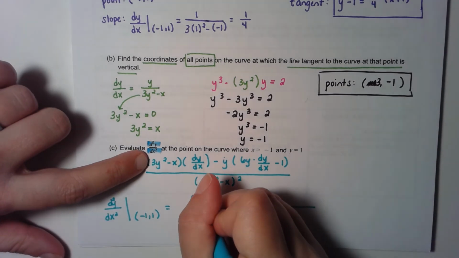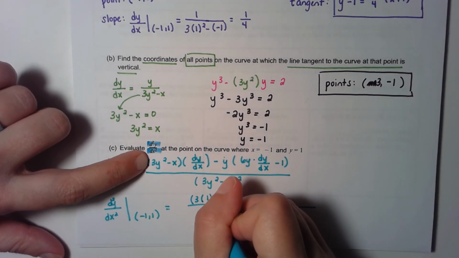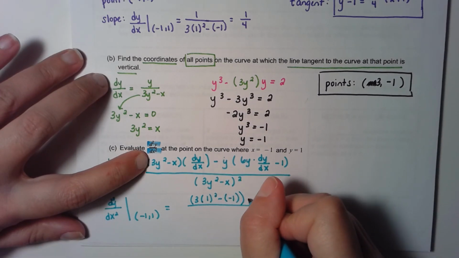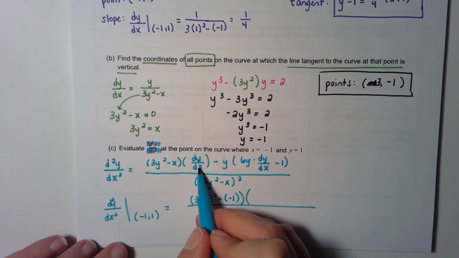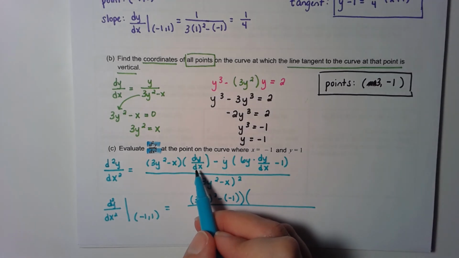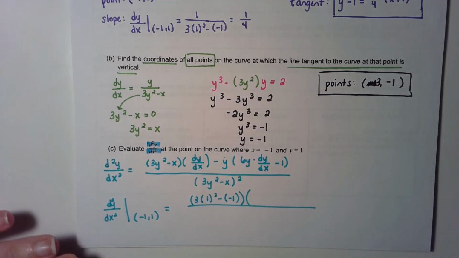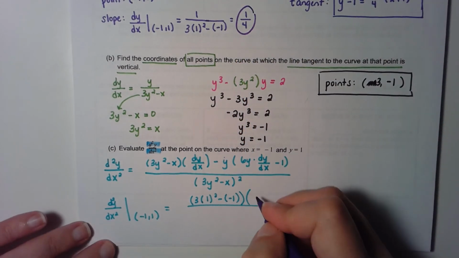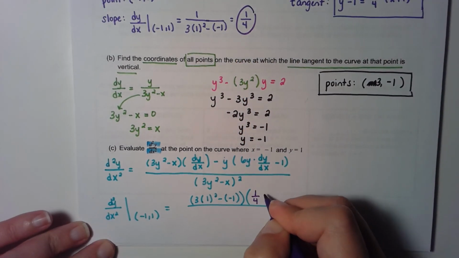So we're going to have 3 times the y is 1 minus the x is negative 1. And then dy over dx means the derivative with those numbers plugged in. Now, we actually already calculated that right up here. We got the derivative with negative 1 and 1 plugged in, which was 1/4.